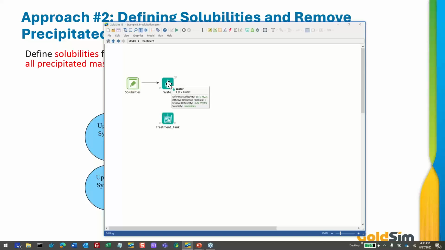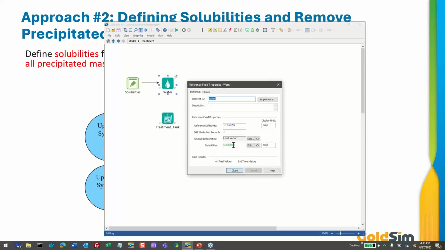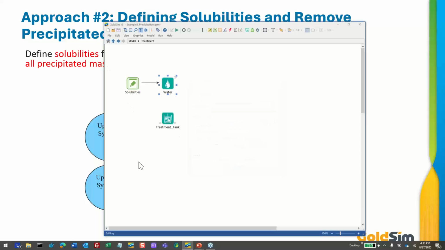But if they have all the same properties, how are they different? The way they're different is if you look at this, it just says solubilities. What it says is go use the thing called solubilities. But the solubility is different in each of those locations. So in this case, the water links to this solubility.